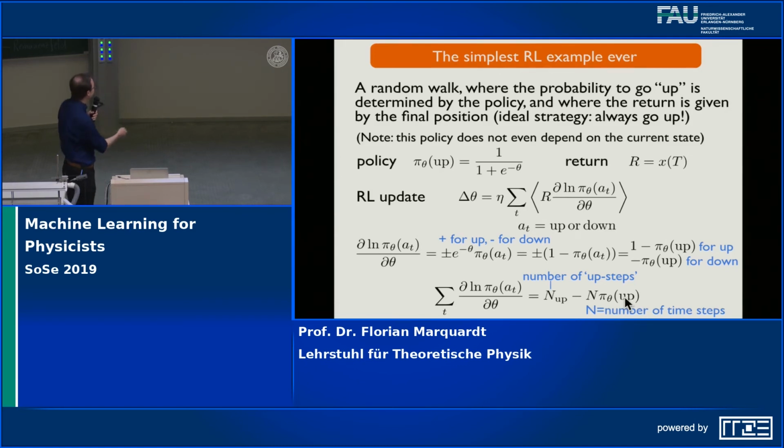And second, this particular expression also has a nice interpretation, because if you work out what's the expected number of up steps, well, that's the number of total time steps multiplied by the probability to go up. So it's exactly the second part here that I subtract. So what we see here is essentially the actual number of up steps that I took minus the expected average number of up steps. And so this is somehow this sum.